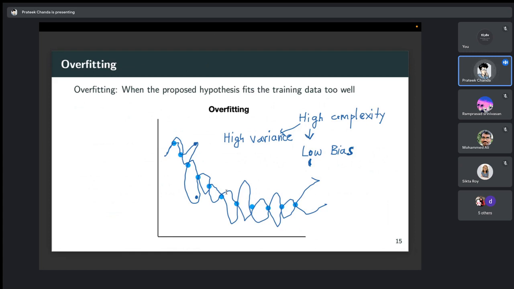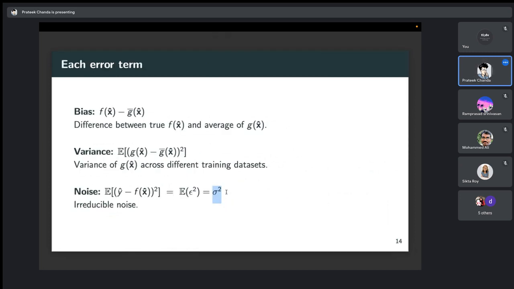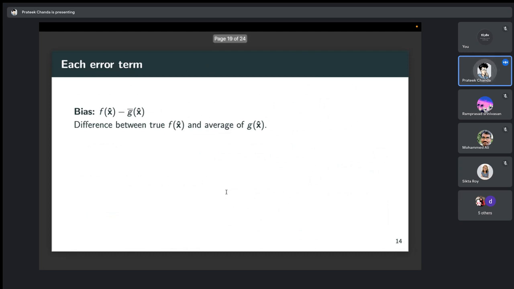So in that case, you have high variance, high complexity. Basically the model is very complex, and that means you have high overfitting. High complexity indicates high variance and low bias. So that's one takeaway from here. And that's where we would end for bias variance trade-off, and also for this lecture.